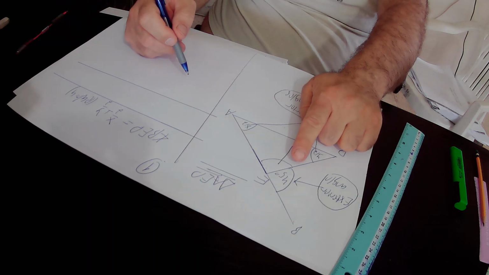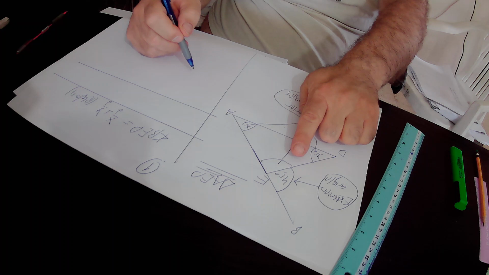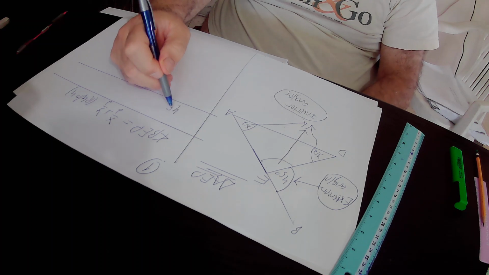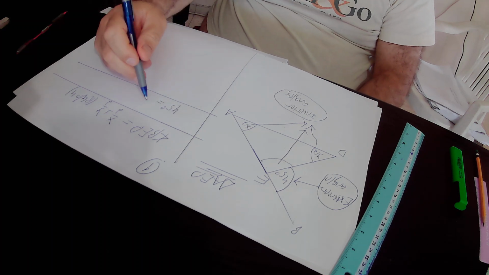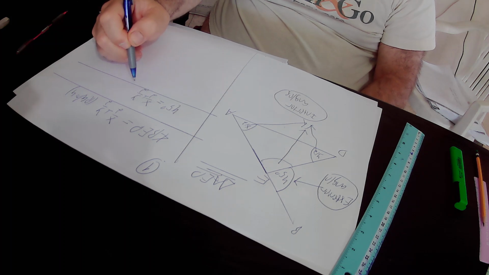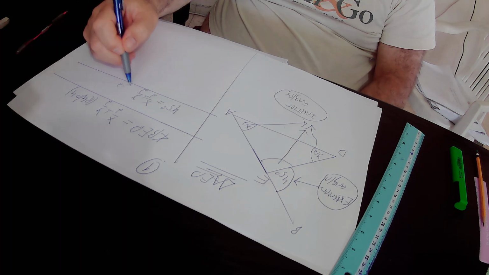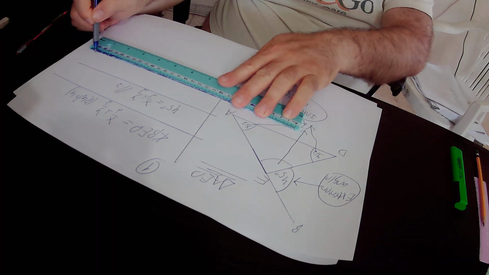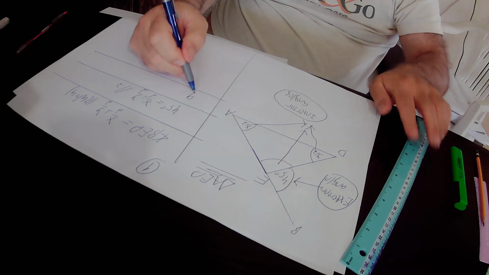But it is given in the question that the size of the external angle BED is 45 degrees. So we set angle BED to 45 degrees, and it is equal to x over 2 plus y over 2 according to rule 4. Here we multiply this equation by 2. We get that 45 degrees times 2 is 90 degrees.